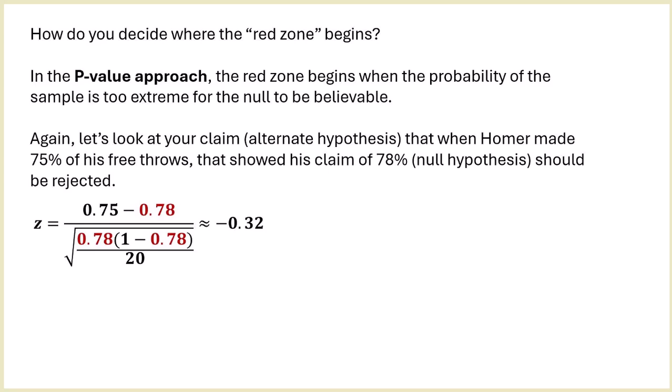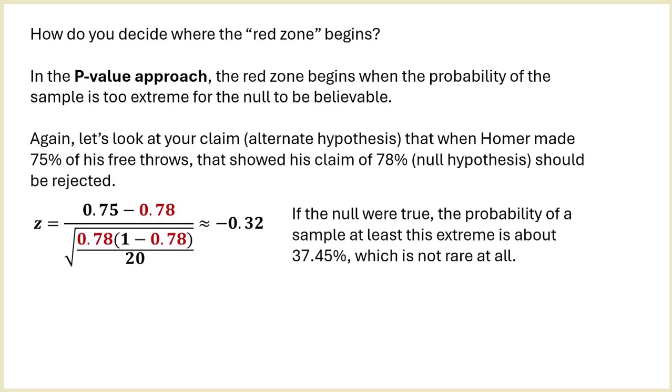So I look in the table. What's the area that z-score represents to the left of it? What's the area to the left of that z-score? Exactly.